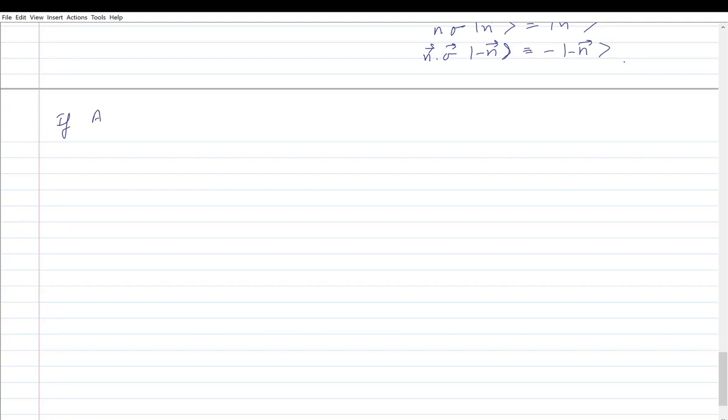If A is Hermitian, well, one can define a unit vector. Here now n is not an operator, it's a unit vector.